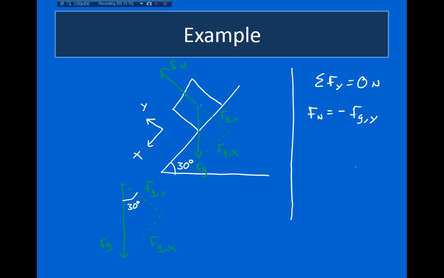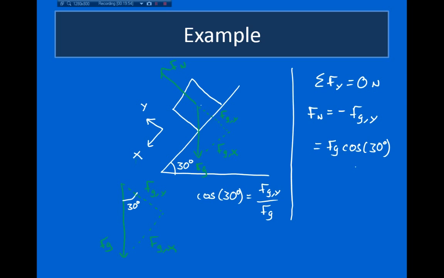Well, we can see, looking at this triangle, the y component of my gravitational force is adjacent to the 30 degree angle. Here's my 30 degree angle, and this is adjacent to it. So that means that cosine of 30 degrees is equal to adjacent over hypotenuse. That's the y component of the force due to gravity divided by the force due to gravity. So the y component of the force due to gravity is the force due to gravity times cosine of 30 degrees.